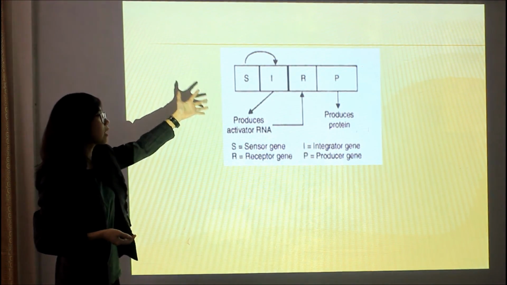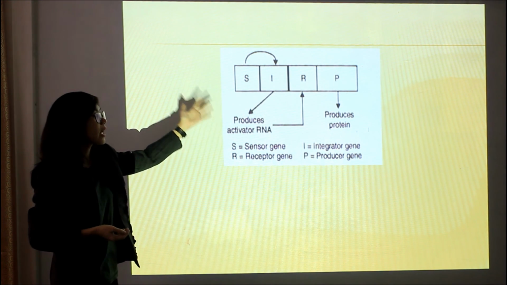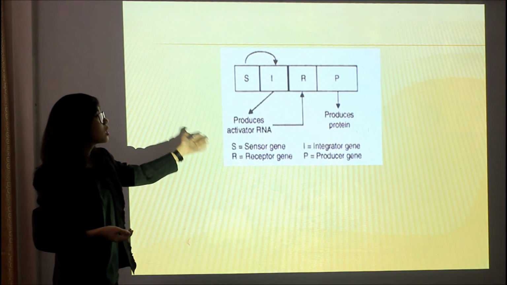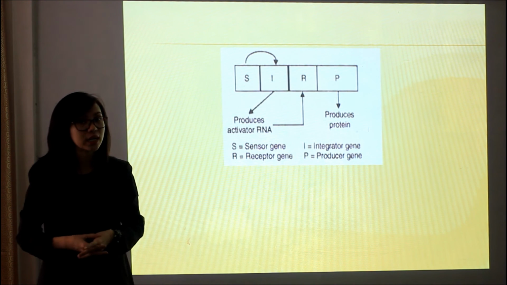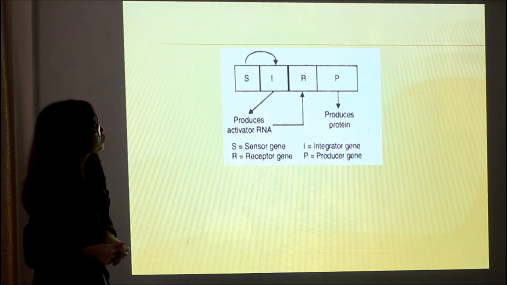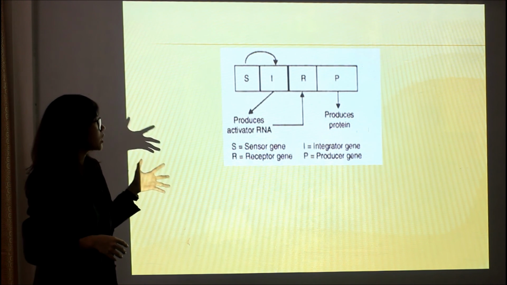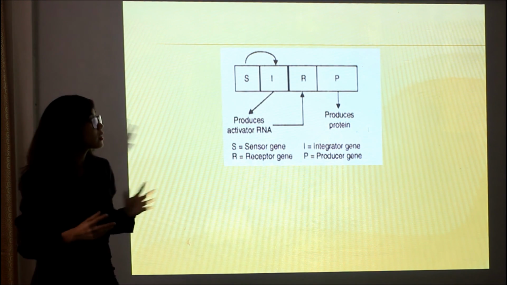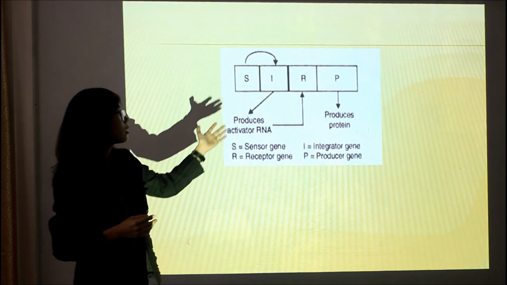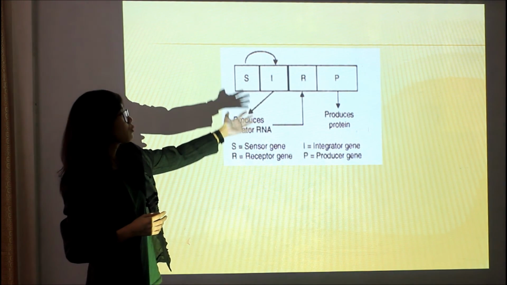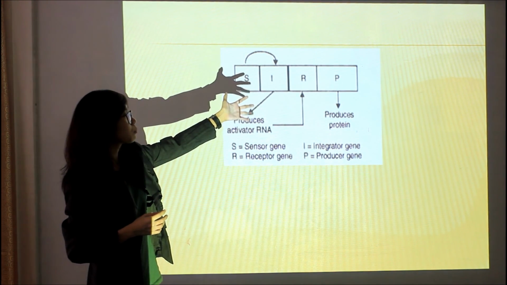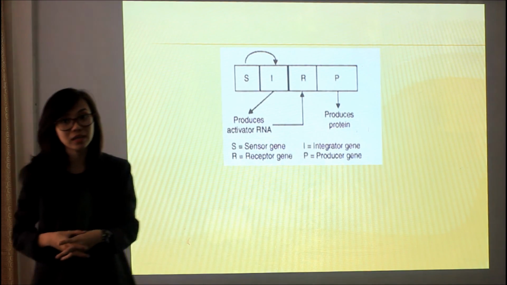S stands for the sensor gene, I for the integrator gene, R for the receptor gene, and P for the producer gene. From the integrator gene, it produces the activator RNA to the receptor gene for the producer gene, which produces a protein.